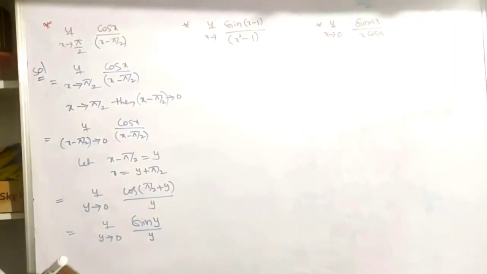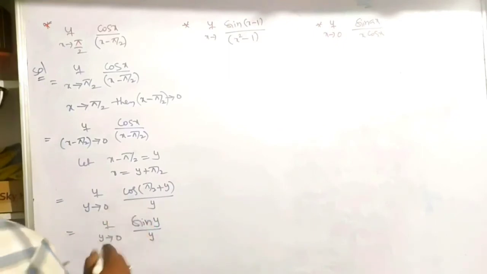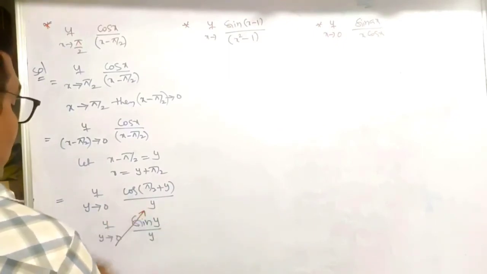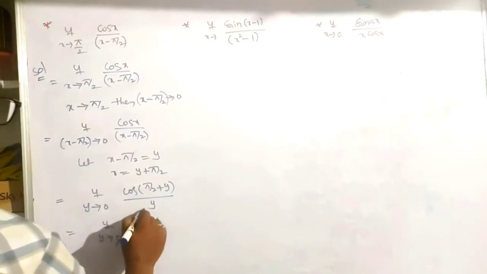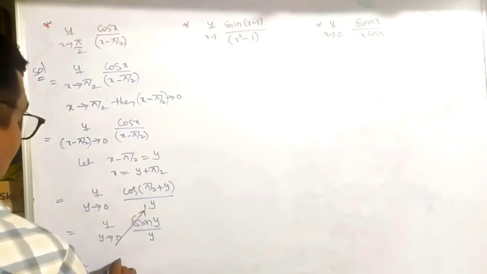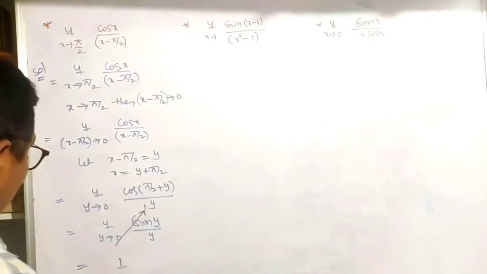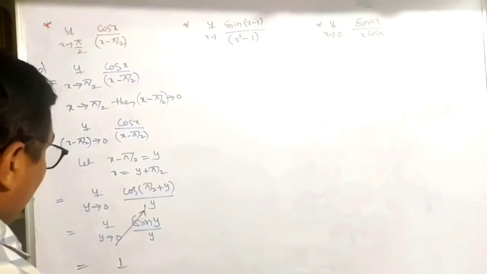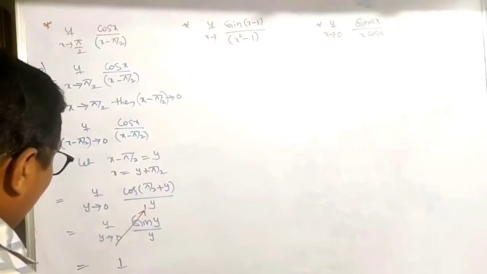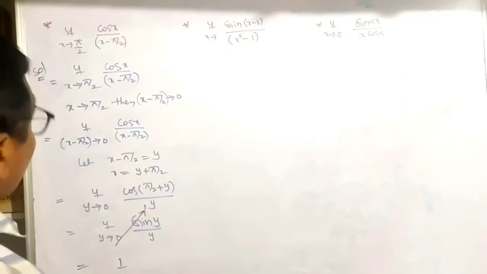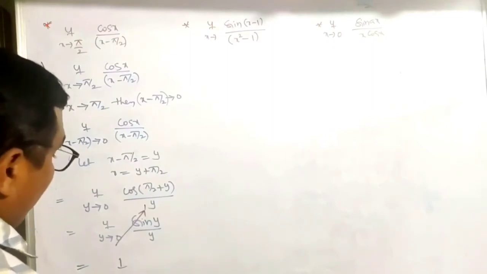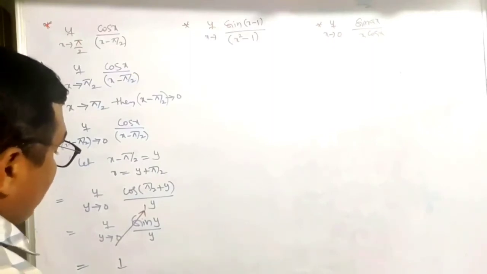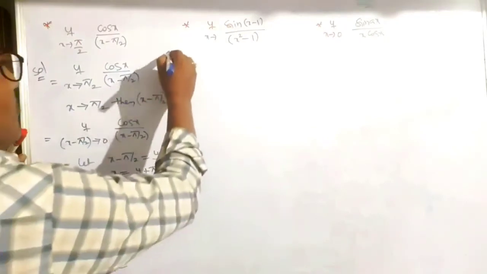The value of sin x by x, limit x tending to 0, is 1. Like that, therefore limit x tending to pi by 2 of cos x by x minus pi by 2 is equal to 1.